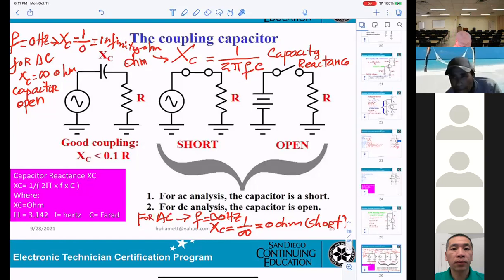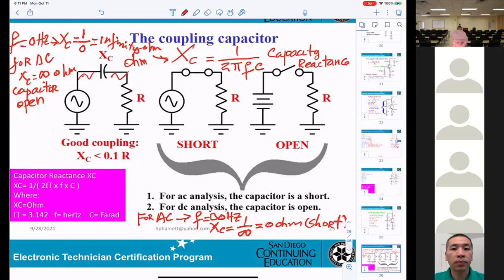That only tells you that if you get a sine wave on this side and you get the sine wave on the other side, the sine waves are almost the same. That means the capacitor is in good coupling.